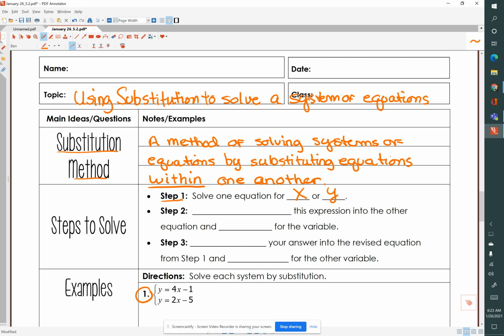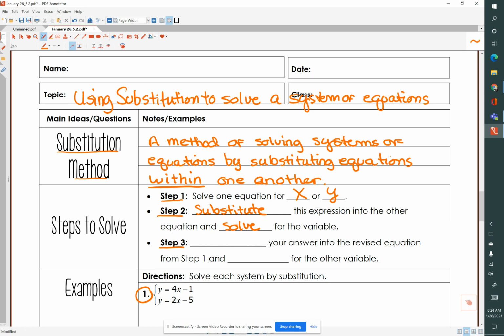Step 2 is to substitute. So once you've solved one equation for x or y, substitute this expression into the other equation and solve for the remaining variable.